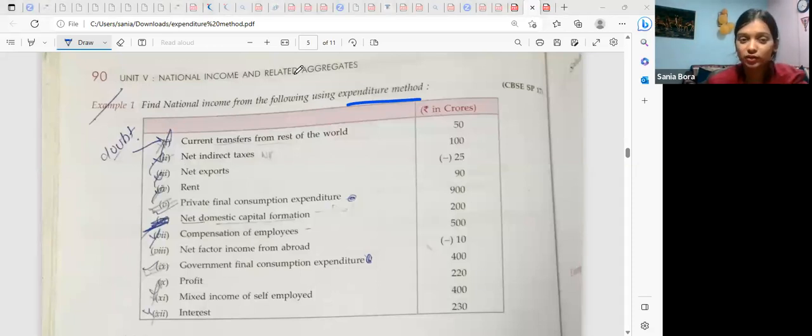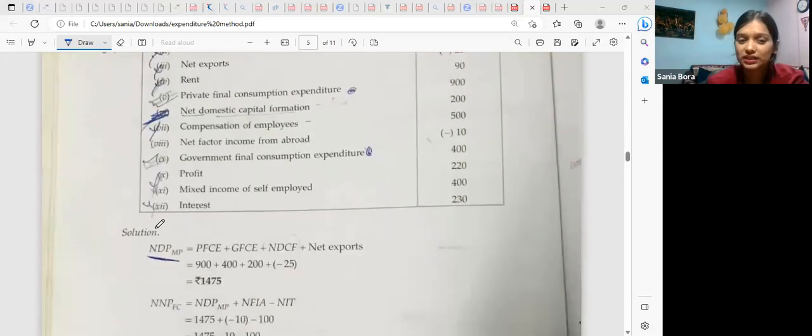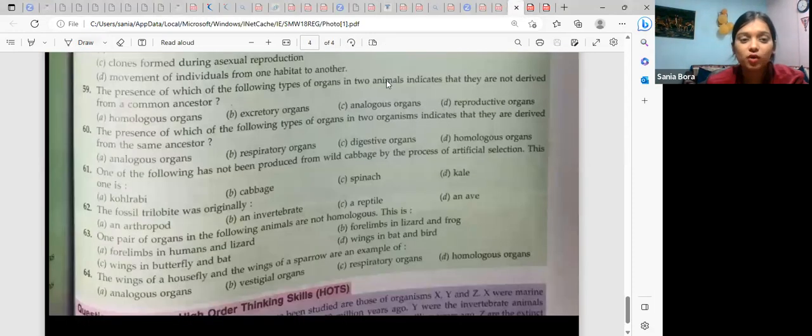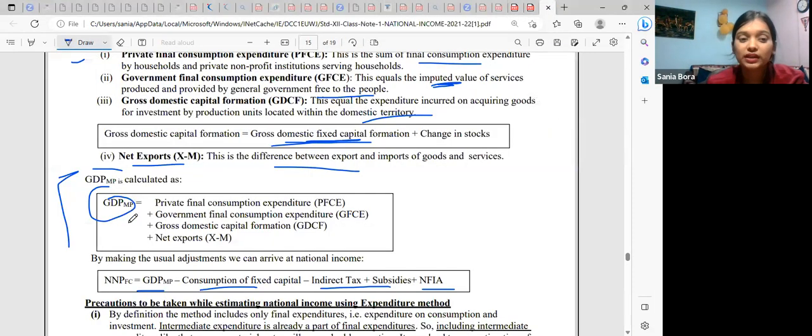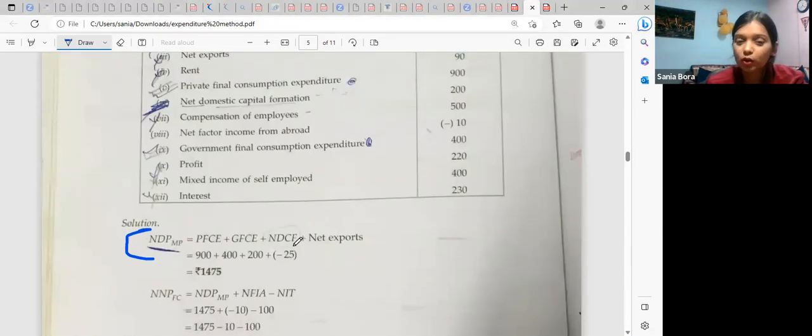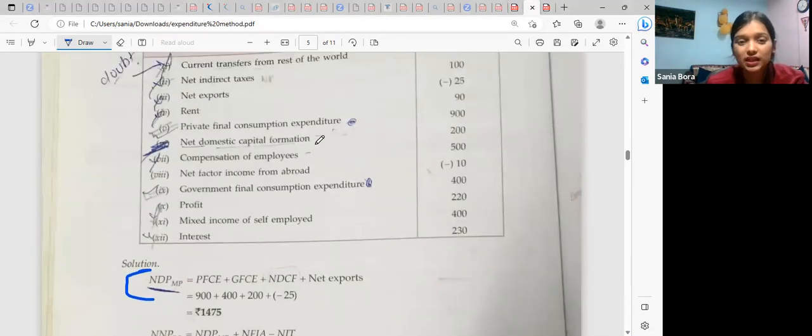Once you are done, then I'll tell you there are two methods. Let me just first clear it. Over here, you can see they have calculated GDP at MP. So what is the first formula when we were discussing what we were calculating? GDP at MP we were calculating. But the only thing is over here they have taken net domestic capital formation 200. The question is why not the gross one?